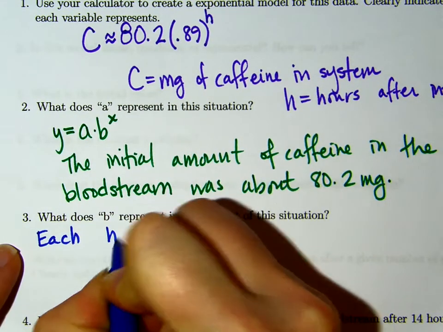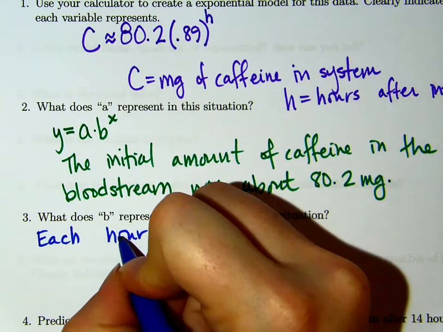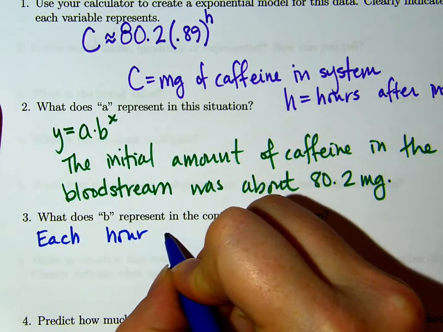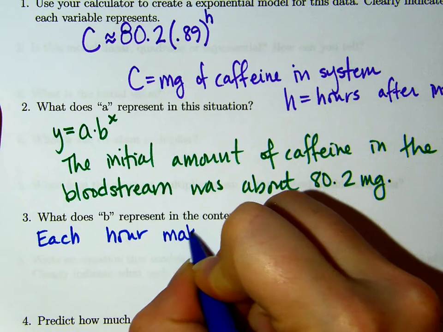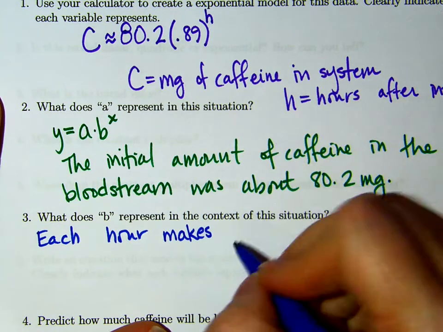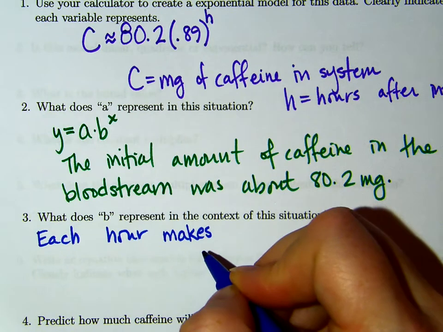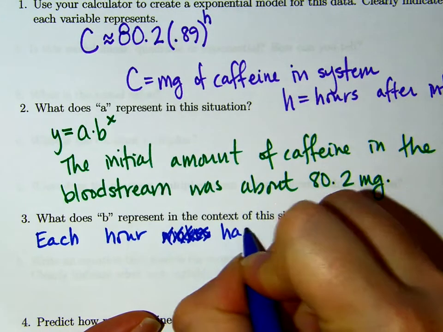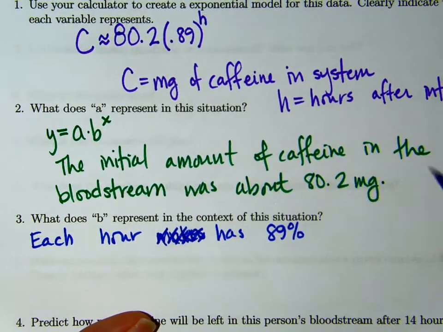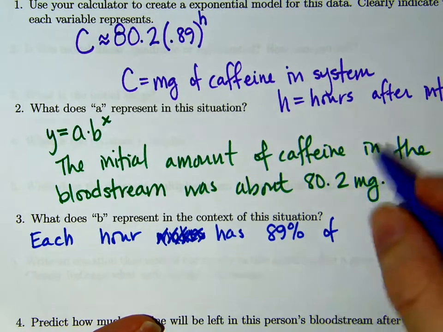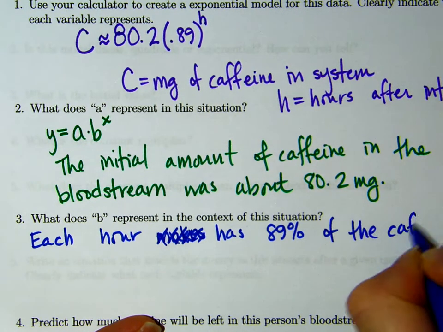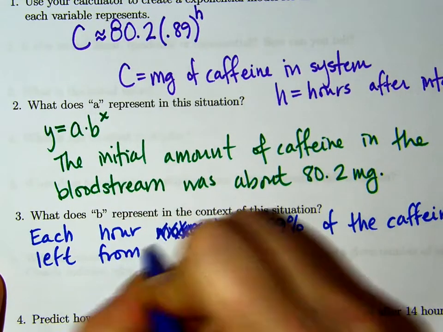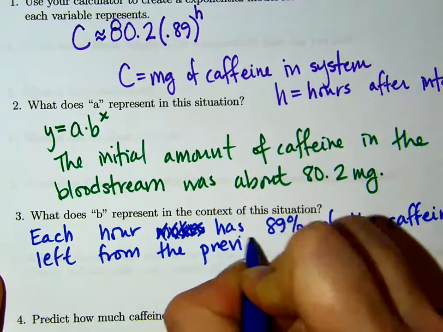First, each hour has 89% of the caffeine left from the previous hour.